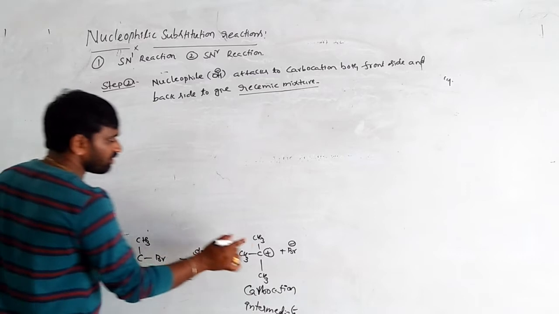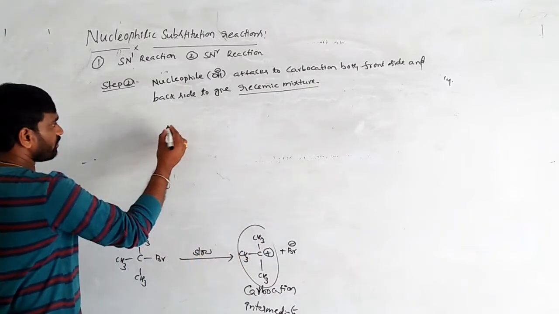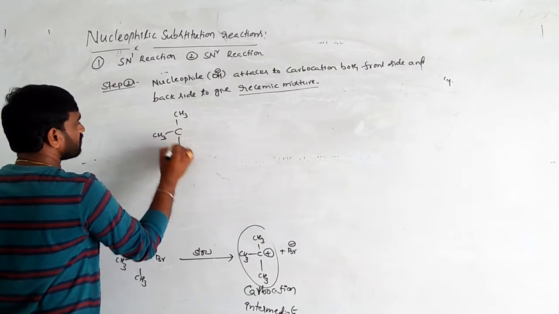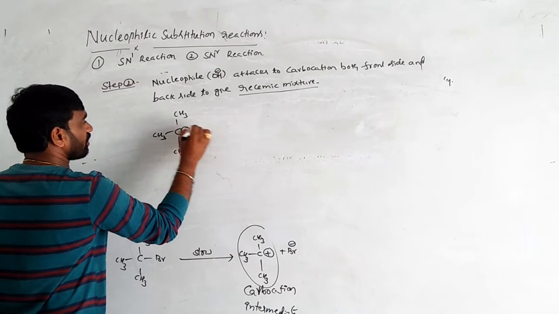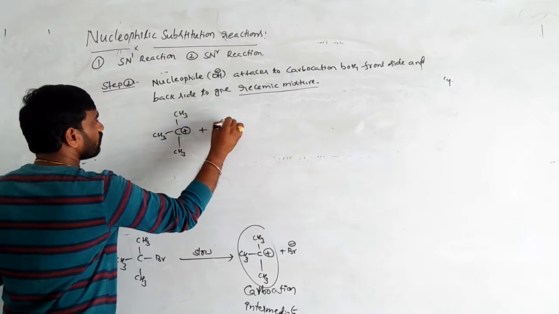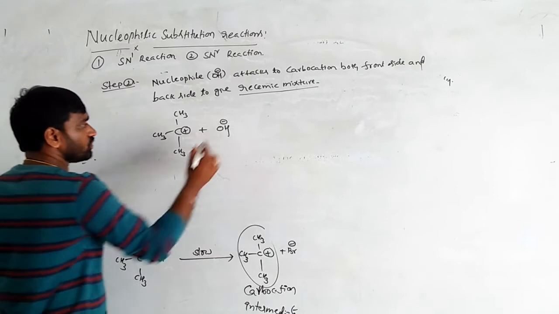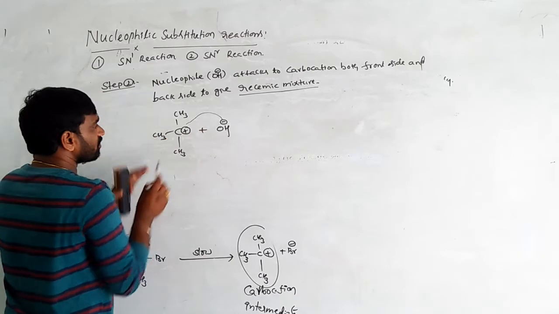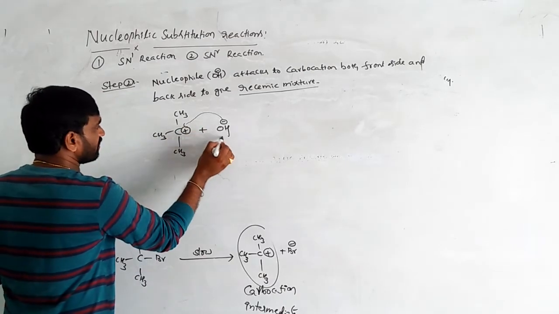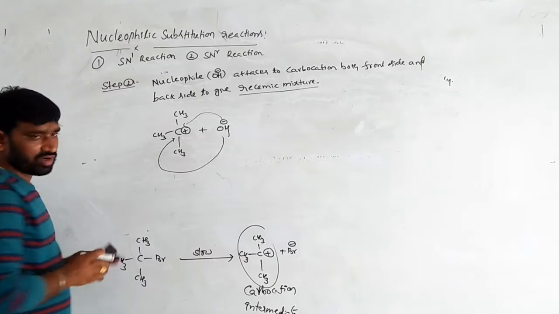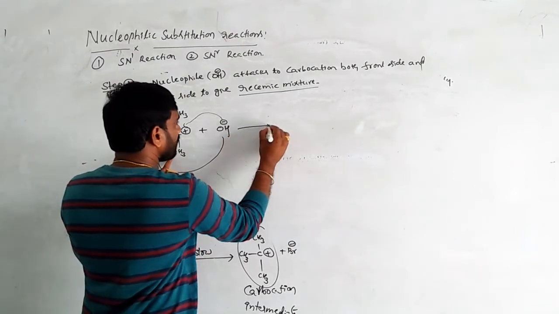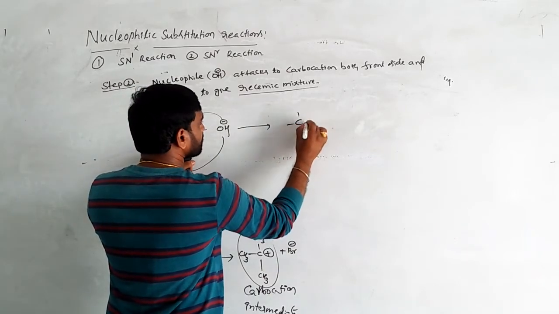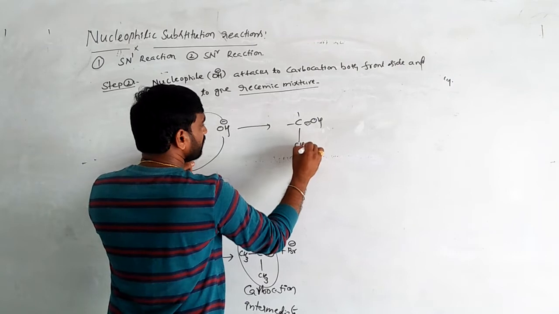Here, the carbocation is CH3 plus. The nucleophile is the OH ion. The nucleophile attaches to the carbocation from both the front side and the back side to form a racemic mixture. Attached to the front side, it forms OH CH3.